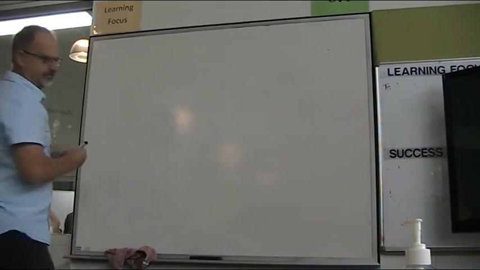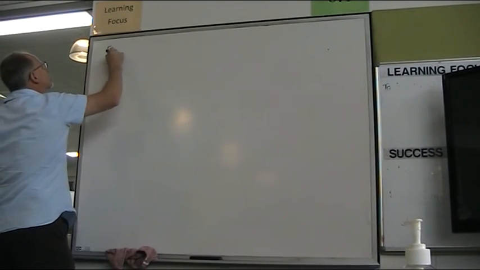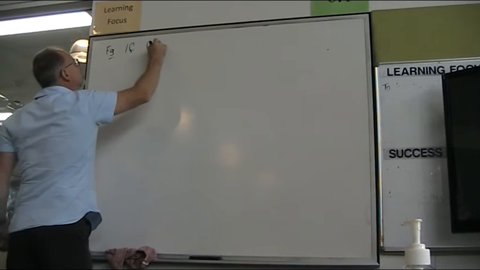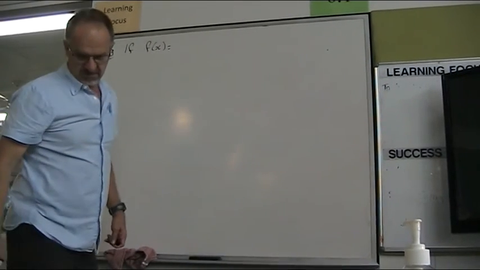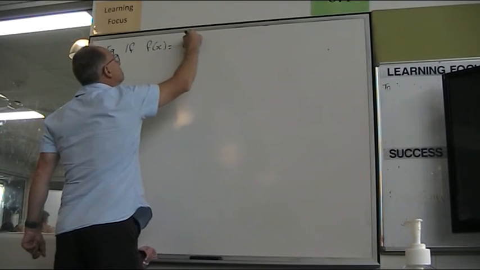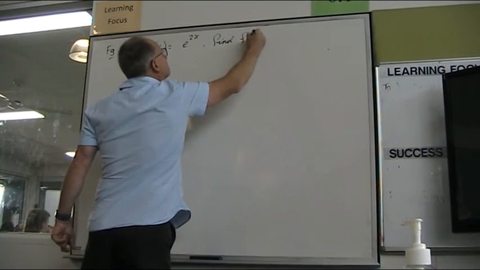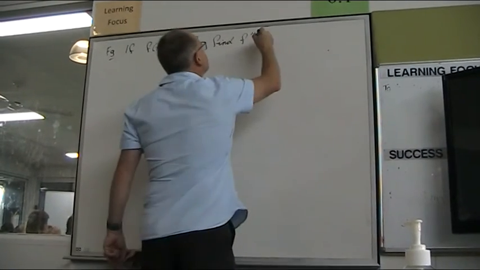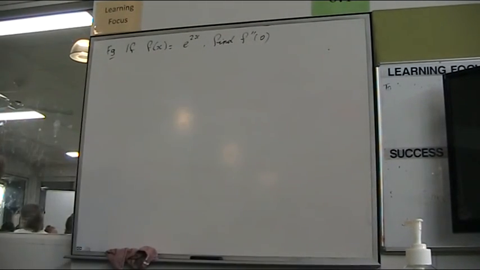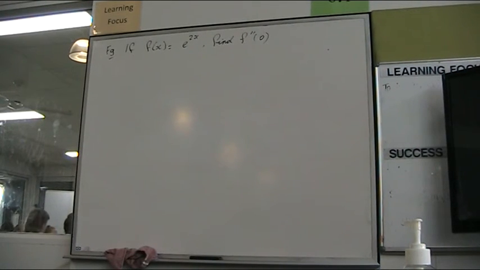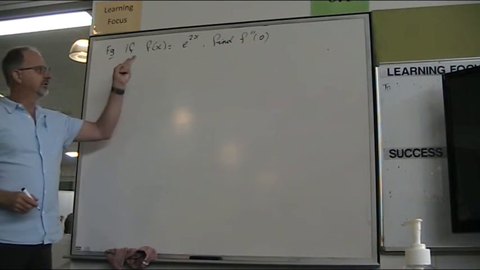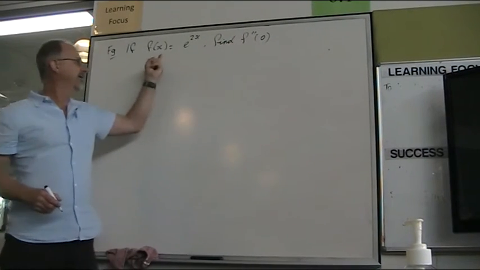Alright, last example. So if we've got f of x equals e to the 2x, and we're asked to find f double dash 0. So first step would be to find the second derivative of our function.